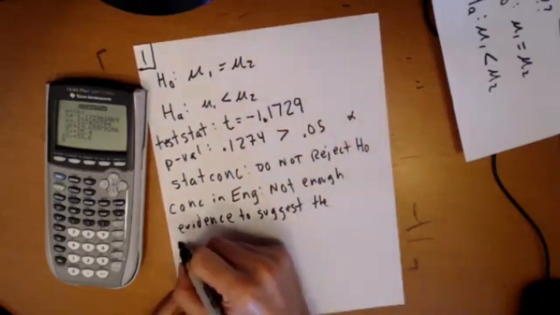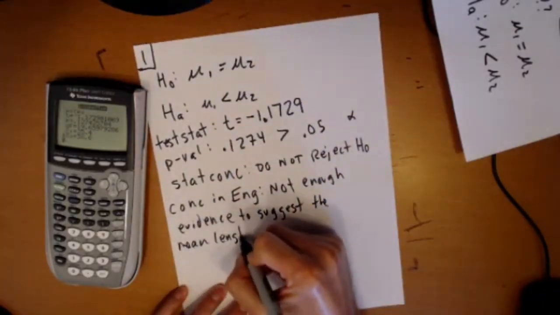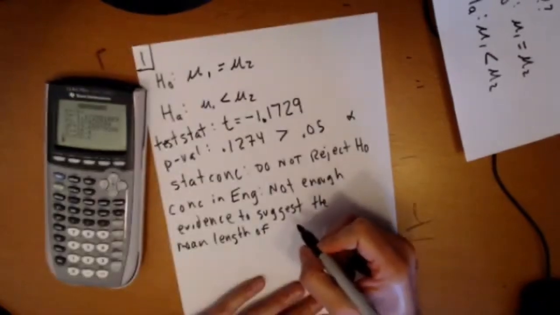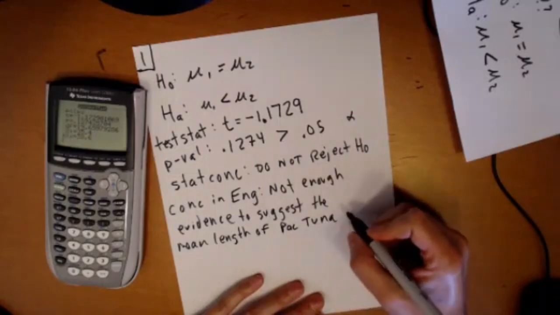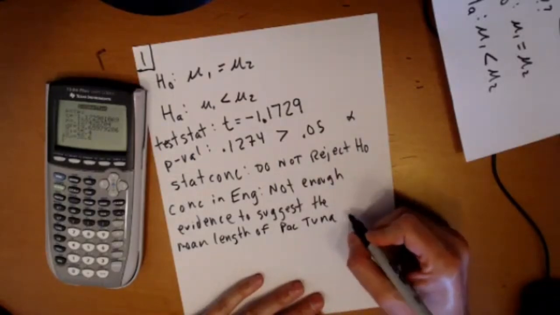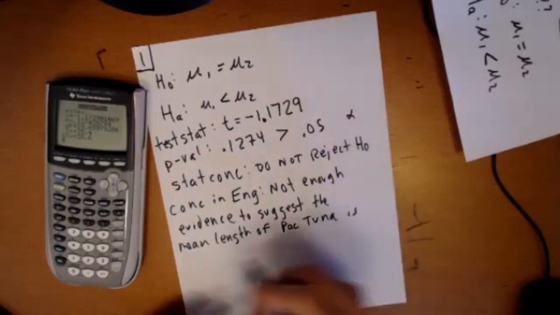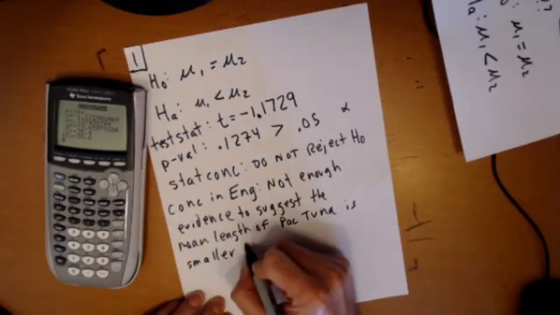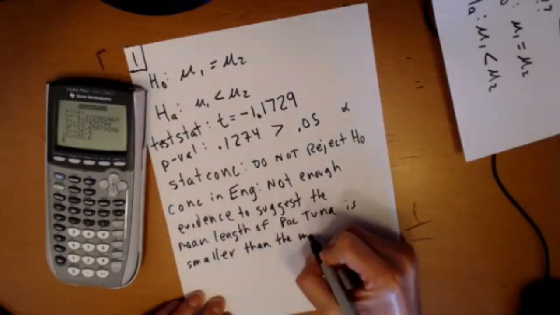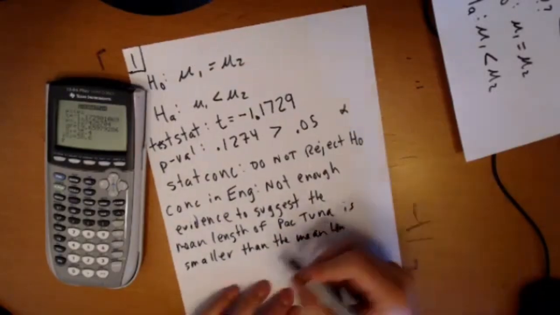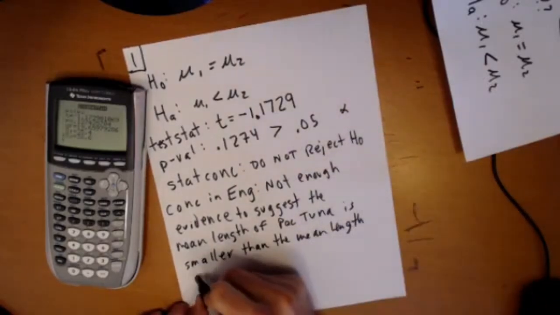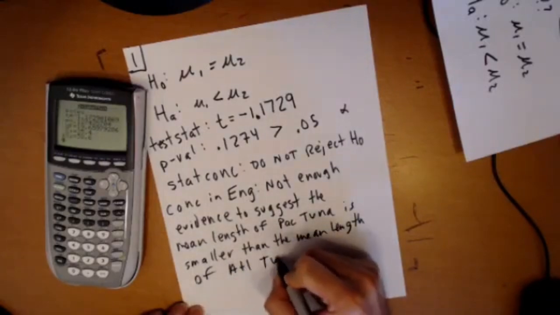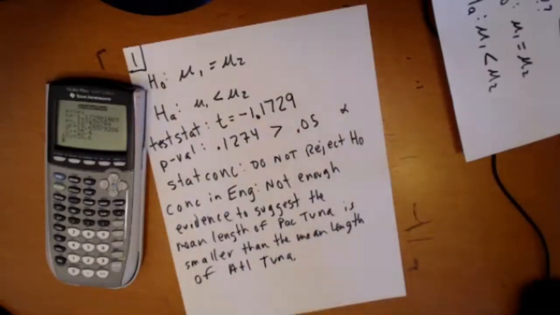What is mu1? The mean length of Pacific tuna. Not enough evidence to suggest the mean length of Pacific tuna is smaller than the mean length of Atlantic tuna.